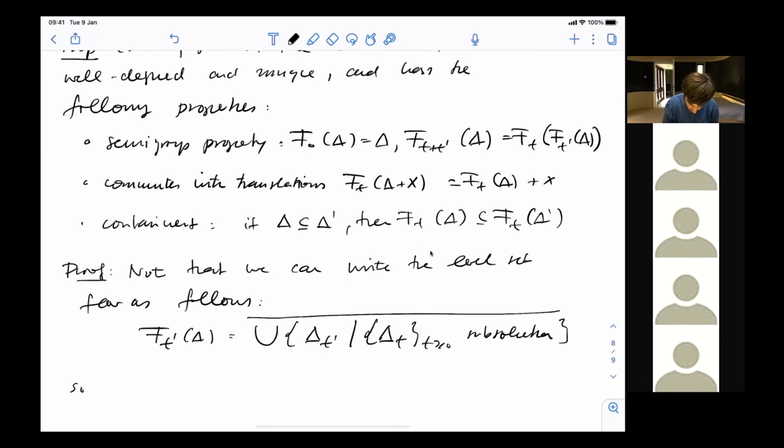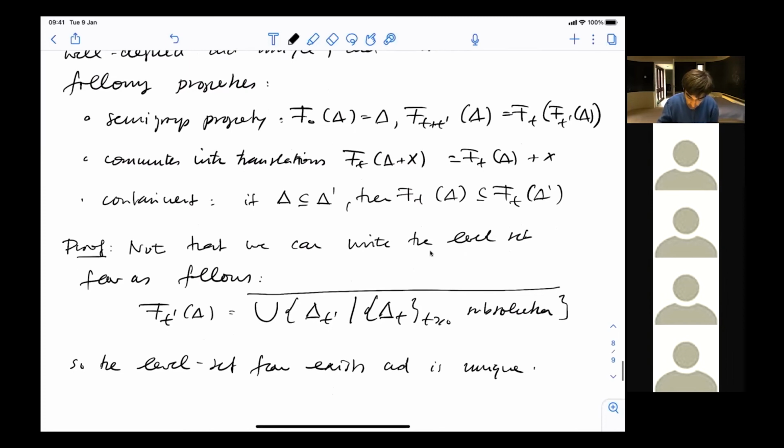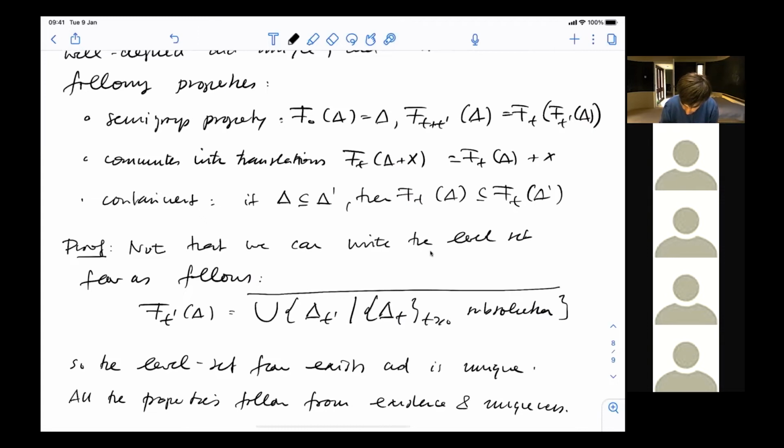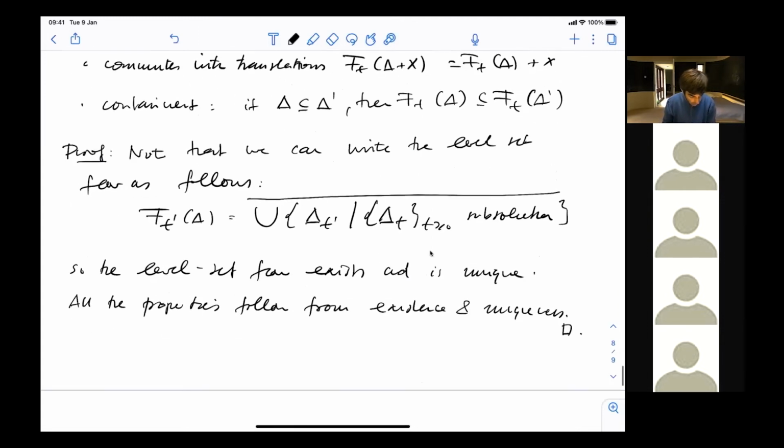So the level set flow exists and is unique. Then all these properties just follow from existence and uniqueness and translation invariance of mean curvature flow in R^(n+1). Okay, are there any questions so far?